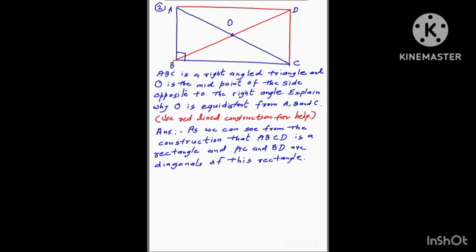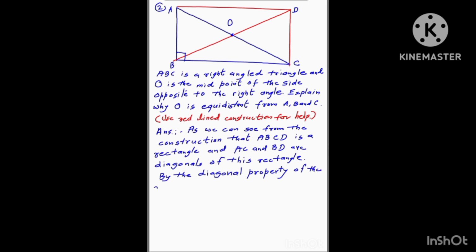AC and BD are the diagonals of this rectangle. Now we can use the diagonal property of a rectangle.